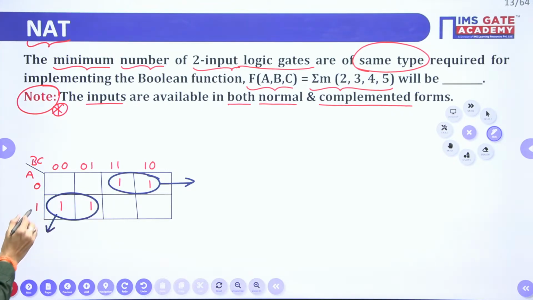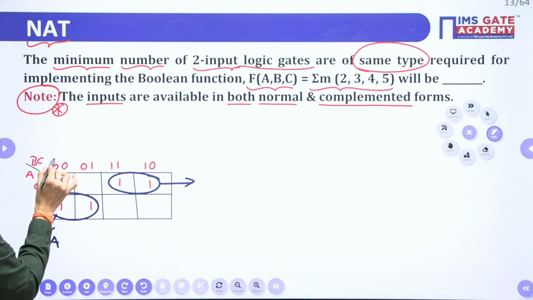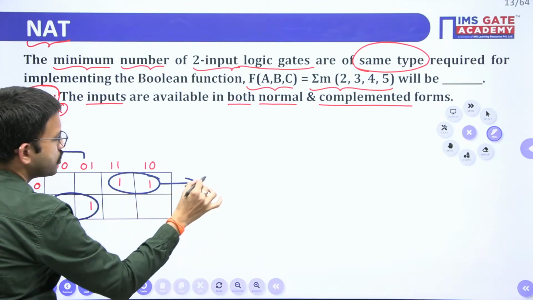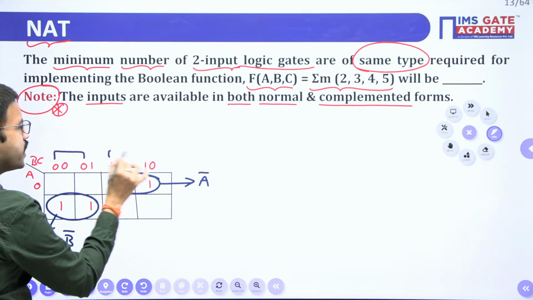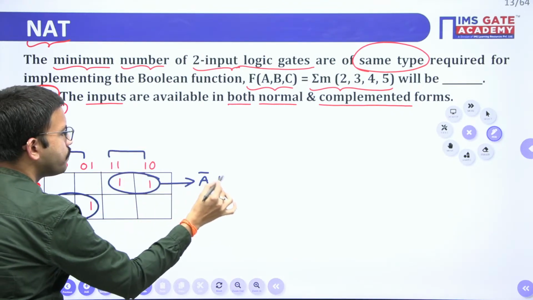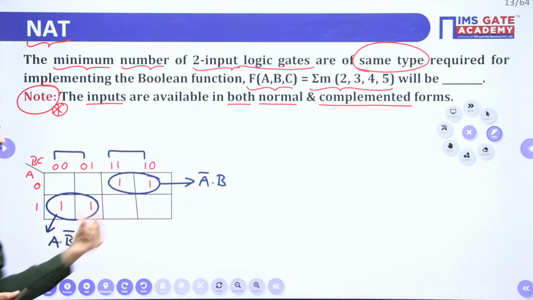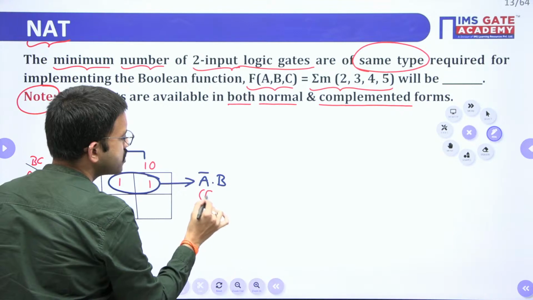For one group, row-wise A value is 1 and column-wise B value is 0, that means AB bar. For the other, row-wise A value is 0 and column-wise B value is 1, that means A bar B. For this K map, both the groupings are compulsory, so both are essential prime implicants.